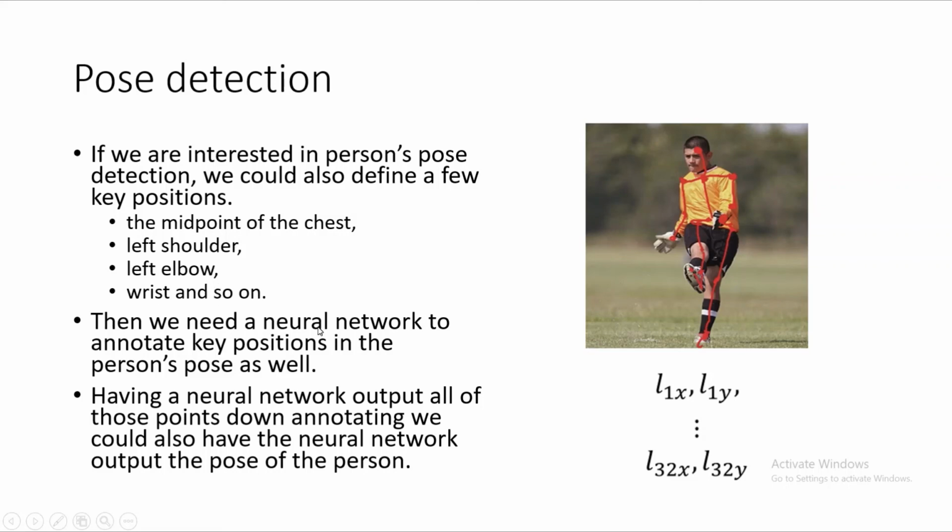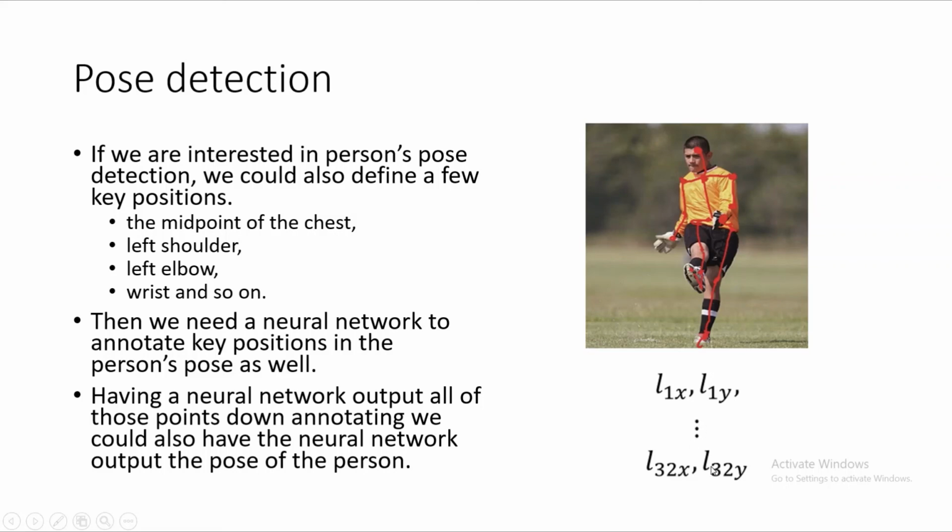And then we will need a neural network that will annotate the key positions in the person's pose as well. Once the neural network outputs all those points, we could also have it output the pose of the person. For that, we need to specify these key landmarks, L1X, L1Y, which may be the midpoint of the chest, down to maybe L32X and L32Y.